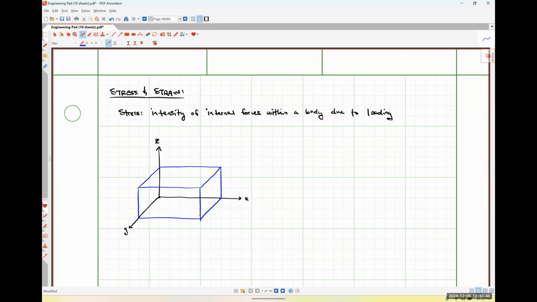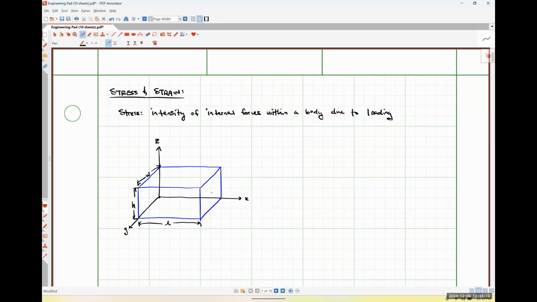And let's give this beam some dimensions. Let's say that our beam has some particular length, lowercase l, some particular height, which we'll call h, and some particular width, which we'll call w, like so.